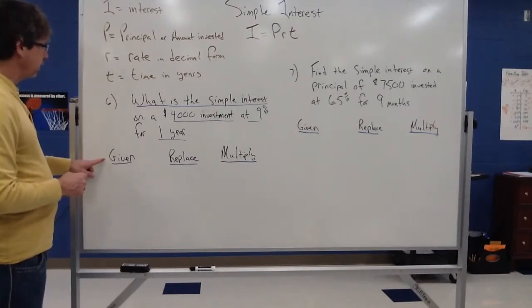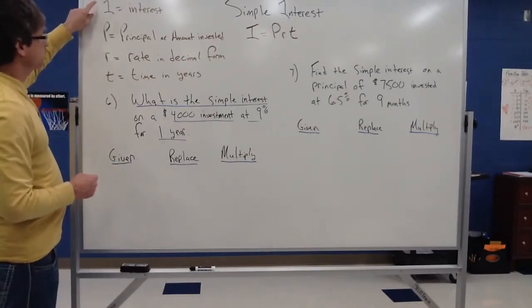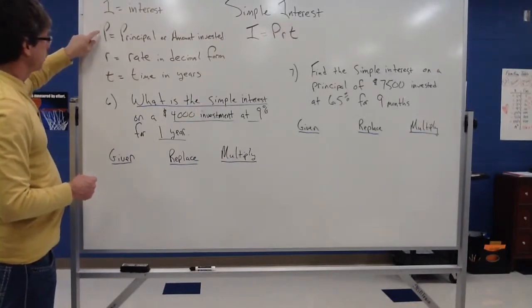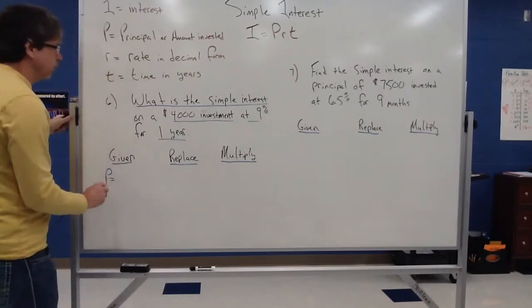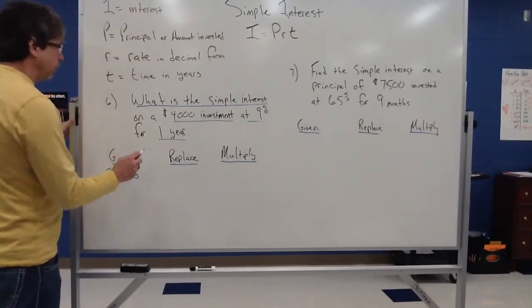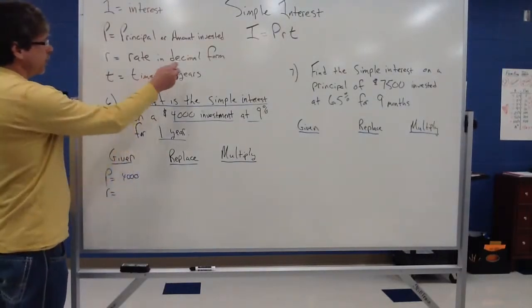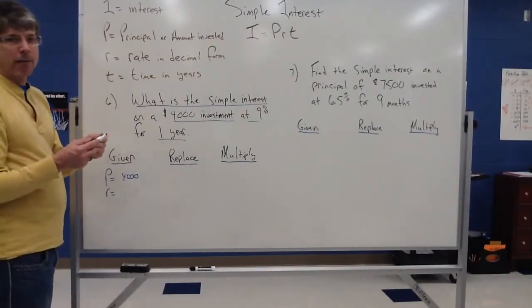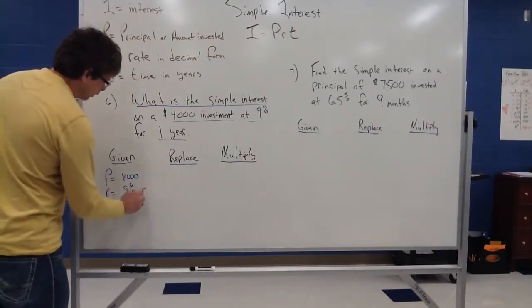So again, the given in this problem: we're looking for the simple interest, so that wasn't given to us. The principal, so I'm going to use the letter P, is going to be the $4,000. The rate is going to be that 9%, but we want that in decimal form, and we learned that 9% as a decimal is the same thing as 0.09.